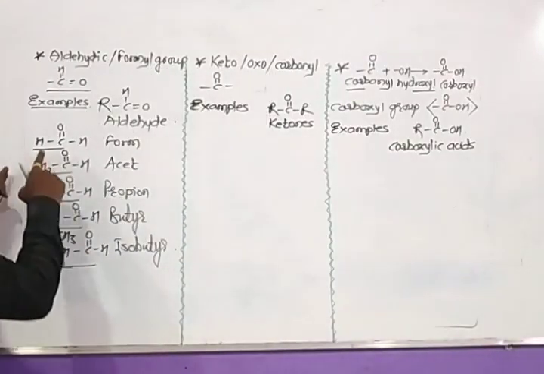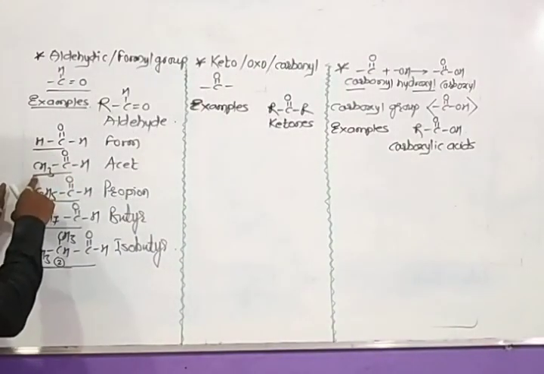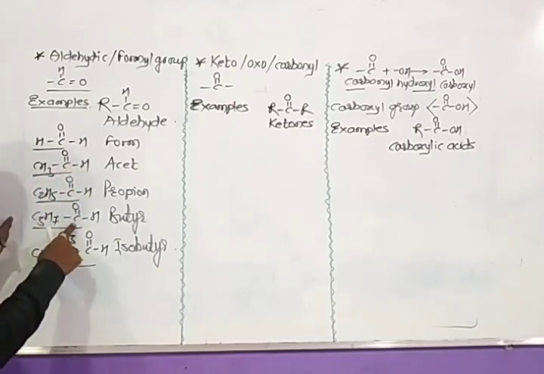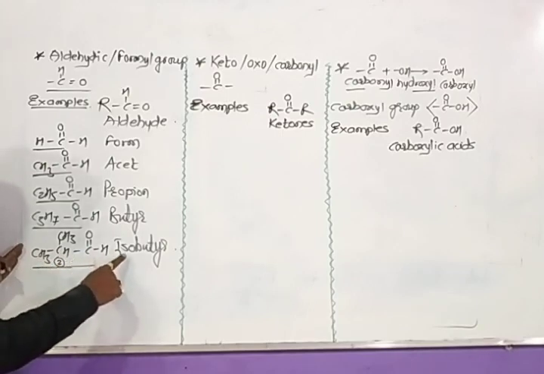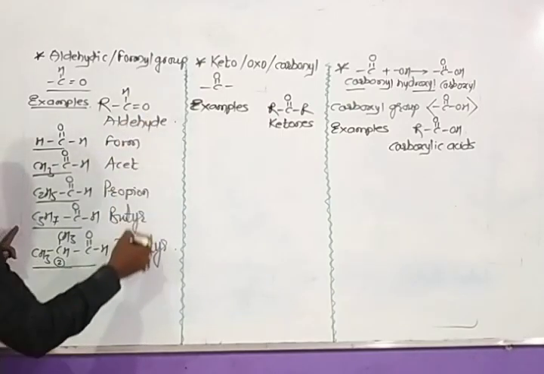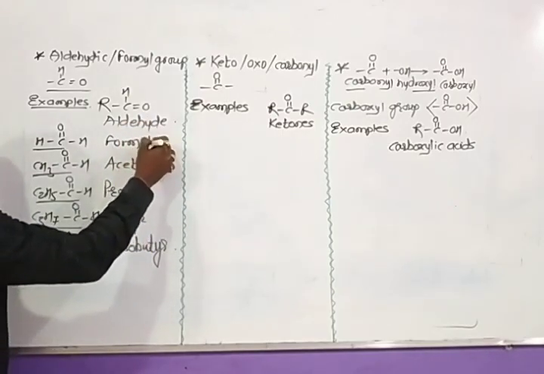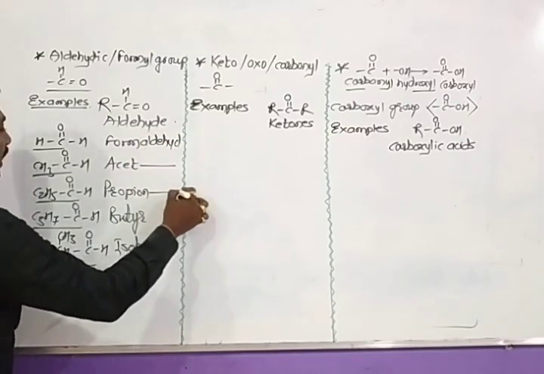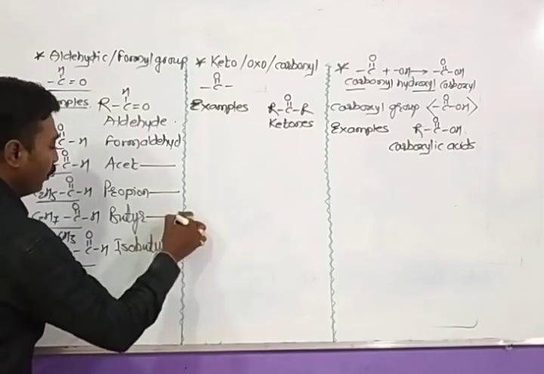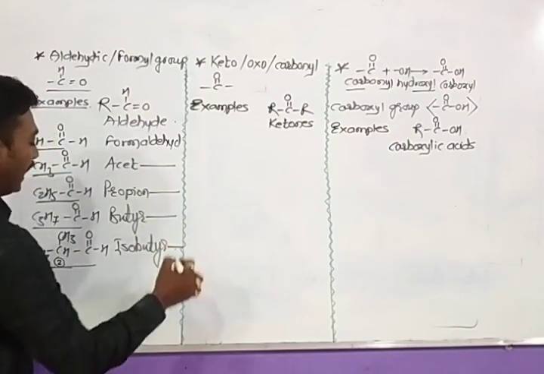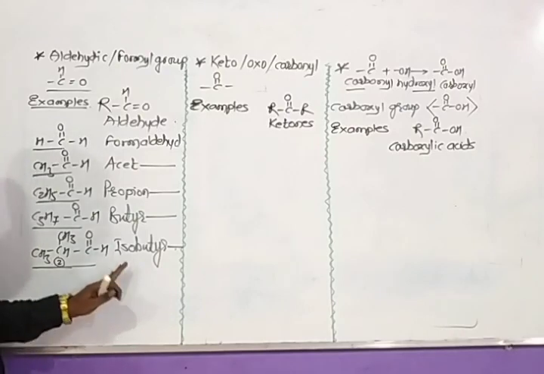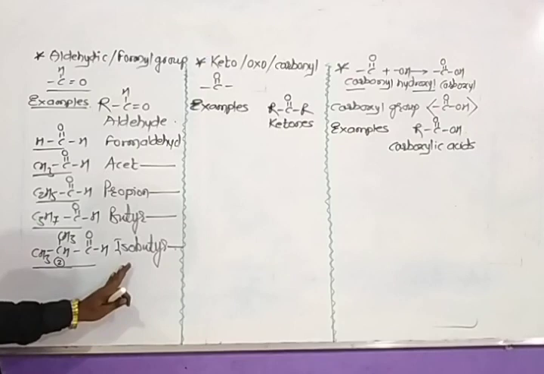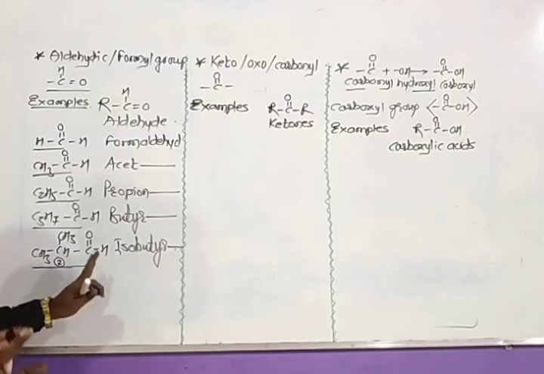Now, friends, this is for CH3C formic, C2H5C propion, C3H7C butyr, and for that we will write isobutyr. Now, all these prefixes are followed by aldehyde. So it is formaldehyde, acetaldehyde, propionaldehyde, butyraldehyde, isobutyraldehyde. In a similar fashion, the common names of different types of aldehydes can be written up to caproaldehyde.